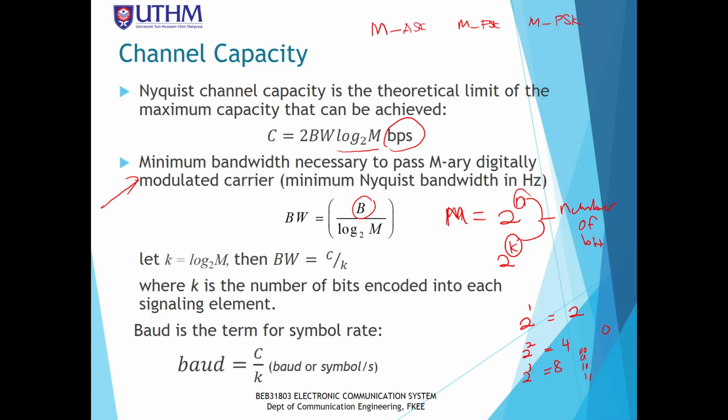So the value of M depends on 2 power of k, 2 power of the number of bits. The range of M can be from 2 to 256. The higher the value of M, that means we are using a higher level of modulation.